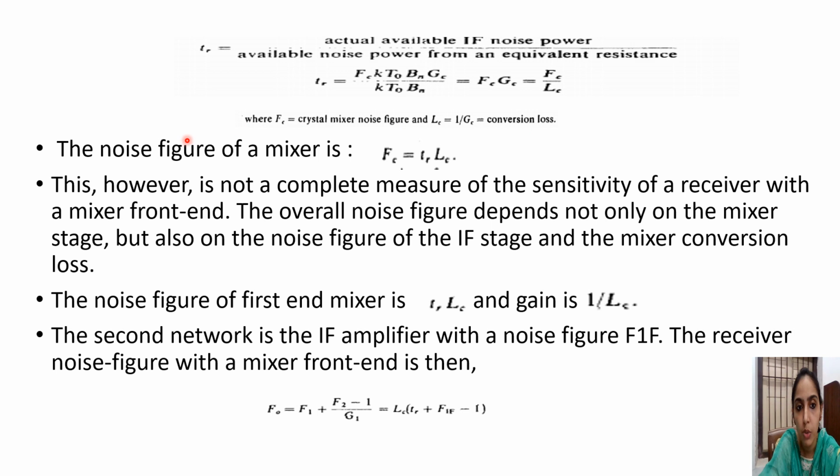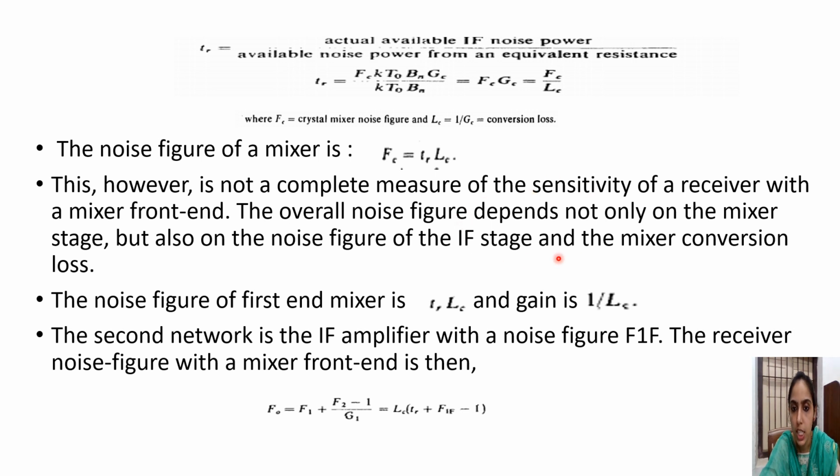So how can you now write the noise figure for a mixer? Noise figure F_C is equal to T_R L_C. So for a mixer, the noise figure is given by T_R into L_C, where L_C is the conversion loss. Okay, so if we are considering an overall superheterodyne receiver, it will depend not only upon the noise figure of the mixer, but also on the noise figure of the IF stage.